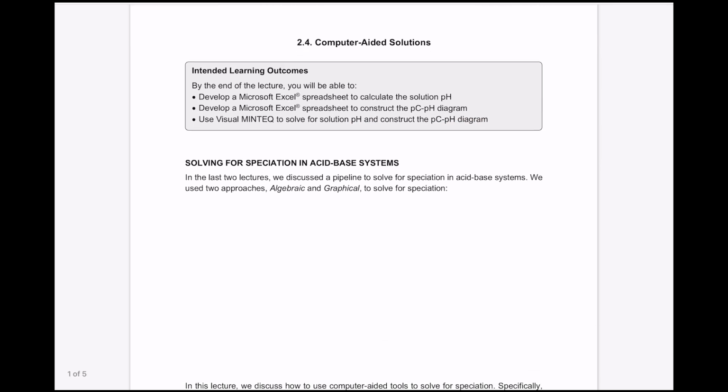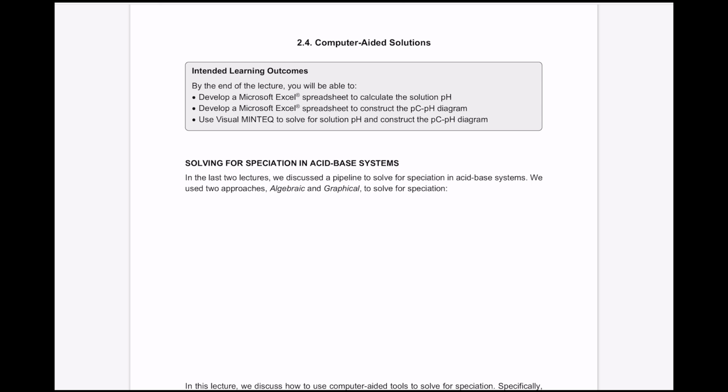So this is the third lecture on how we can basically calculate the solution pH, or in general, speciation for acid-base systems. In the first lecture in this series, we talked about using algebra, followed by some assumptions so that we can eventually simplify the equations to preferably a linear equation, and then solve that equation using basic algebra.